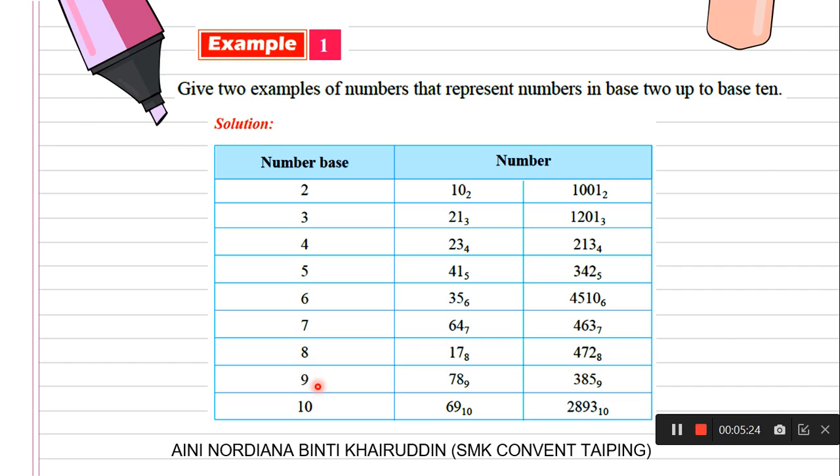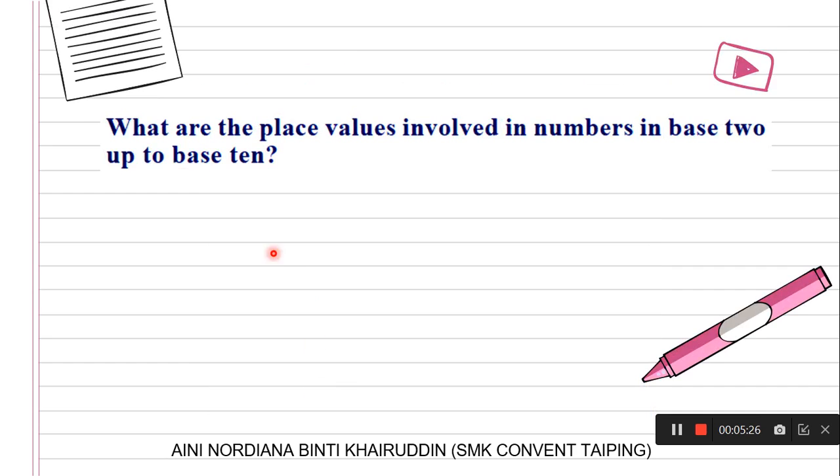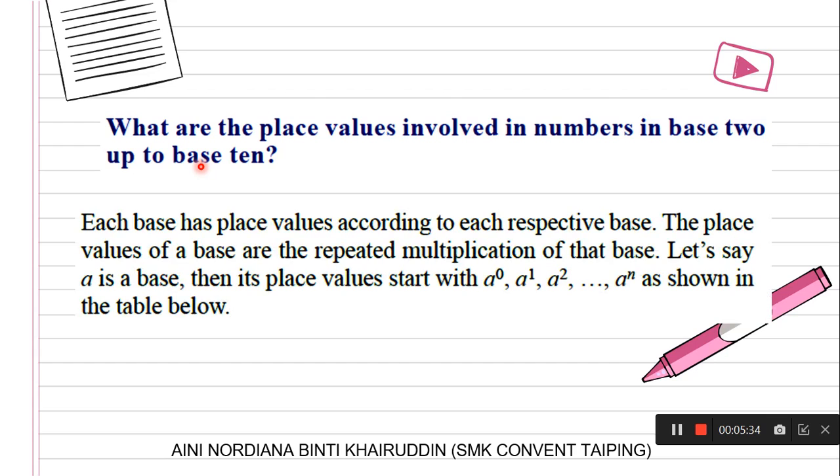Alright, so next. What are the place values involved in numbers in base 2 up to base 10? So each base has place values according to each respective base. The place values of a base are the repeated multiplication of that base.